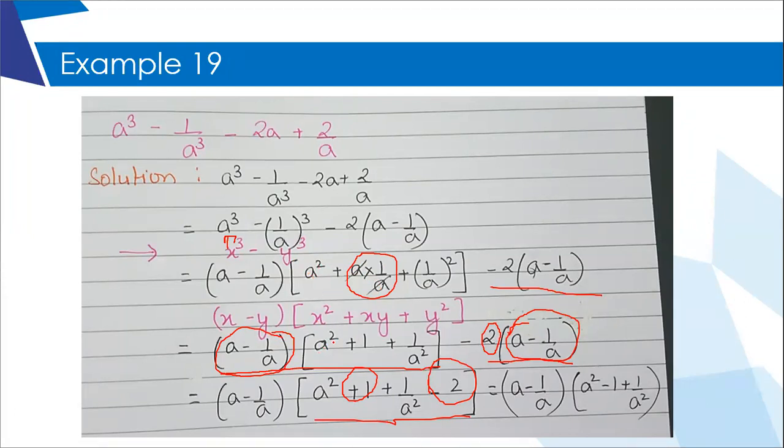A square is copied, plus 1 upon a whole square becomes 1 upon a square, because if you square 1, you will still get 1 only. And a square is a square. And this is plus 1 because a have got cancelled, so plus 1 is left over. So that I have copied, because if you will cancel a and a, you will get 1, isn't it? So 1 into 1 upon 1 will give you 1.